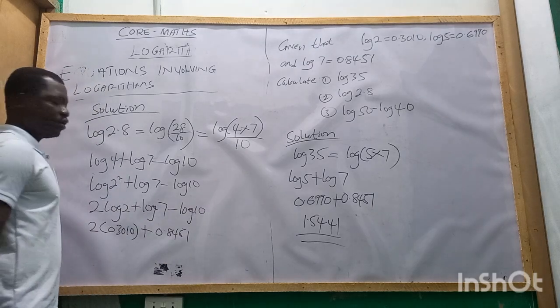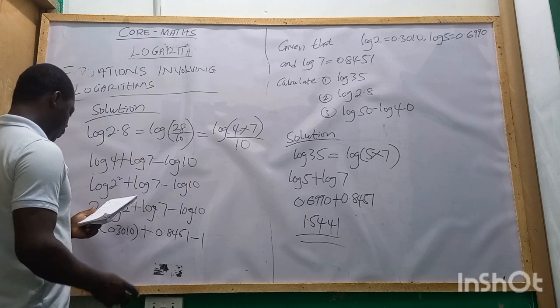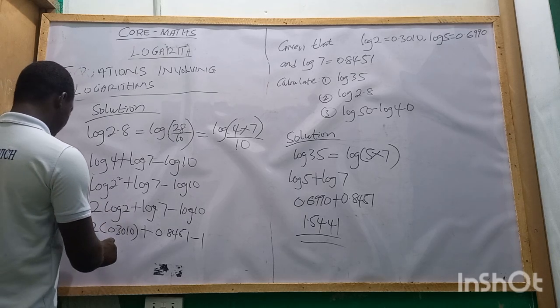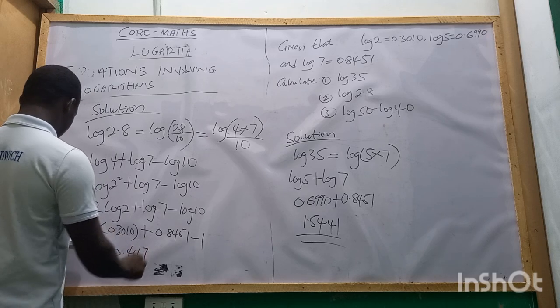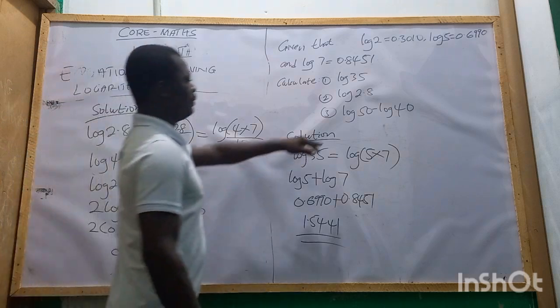Log 10 to the base 10 is what? Minus 1. Right, so if you use your calculator to do the computation, the final answer will be 0.447. So that's all.